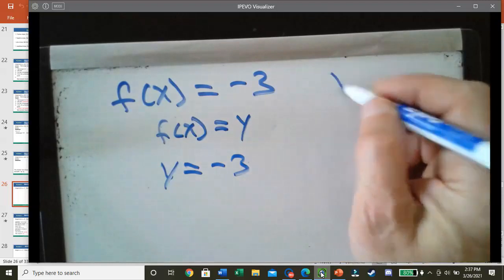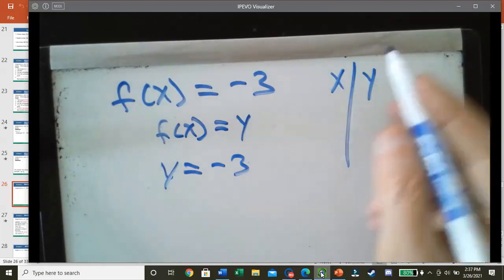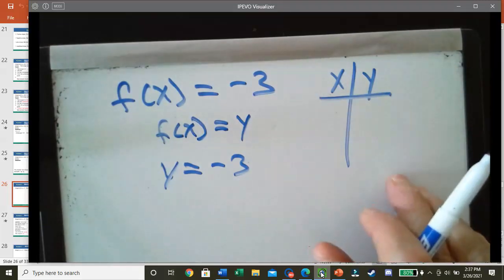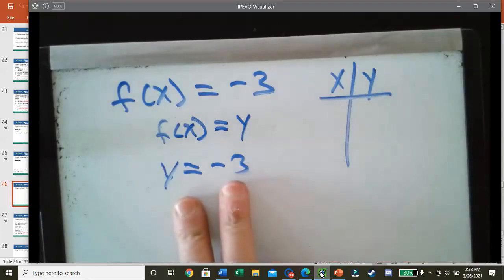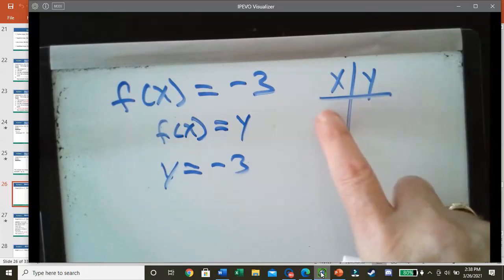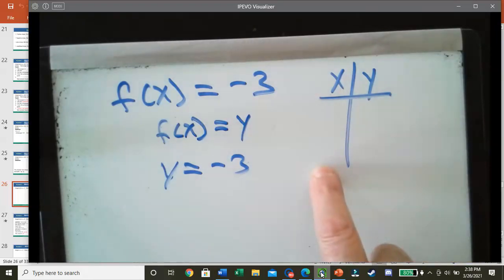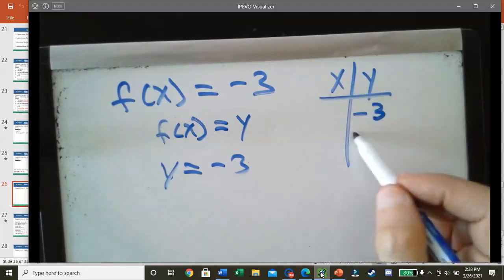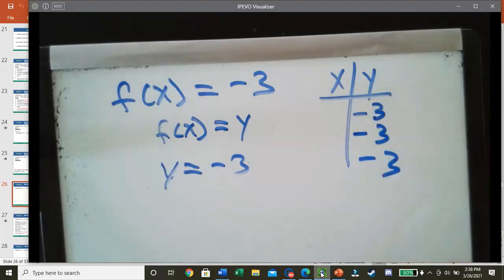Now in this case, I like to use the table of values. If you're not sure how this is supposed to look, you can always use the table of values. Since this is y equals -3, is the -3 going to go under the y or the x? Under the y, right? Because y is -3 all day long.